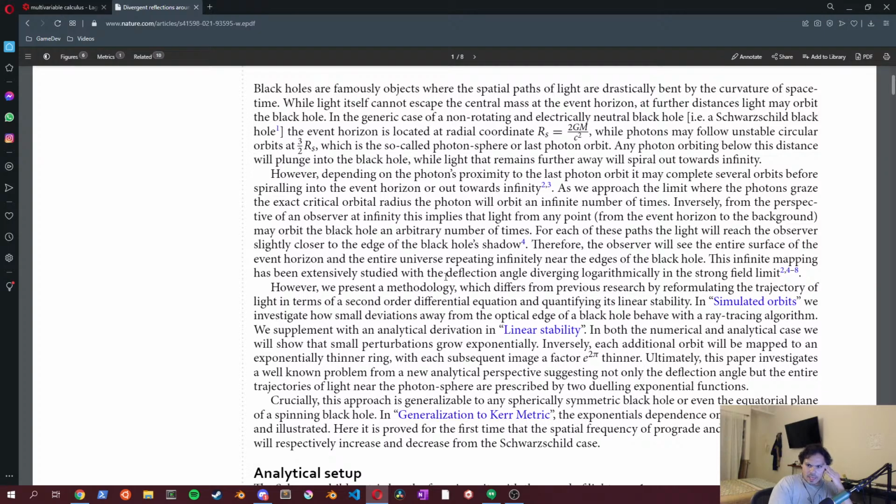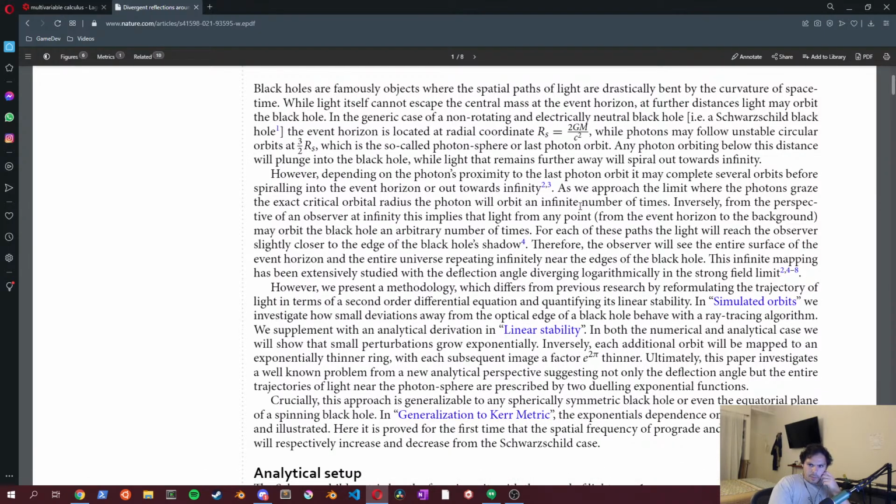And since that's the case, you can maybe catch light from any arbitrary point in the past that has been spinning around the black hole for some amount of time before it gets to you. So that's what they mean, I guess, by you can see the entire history.